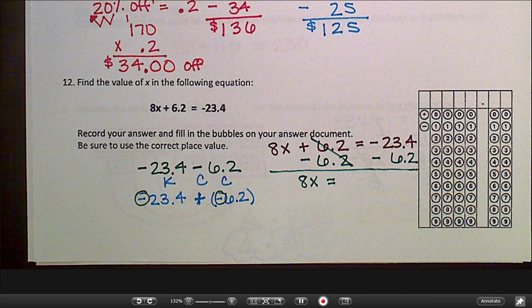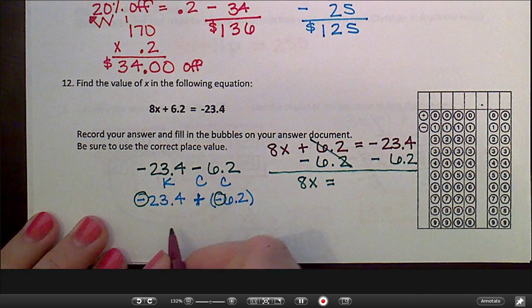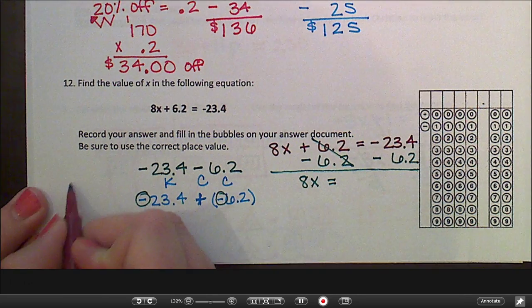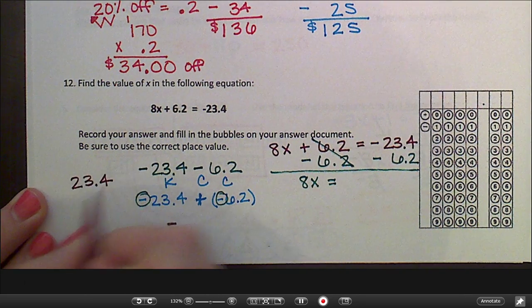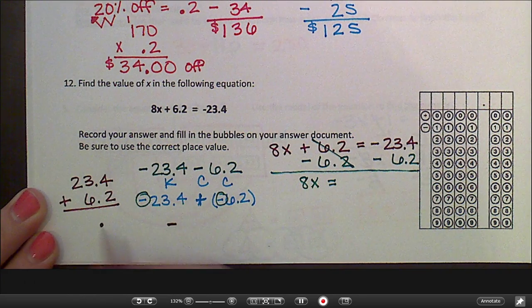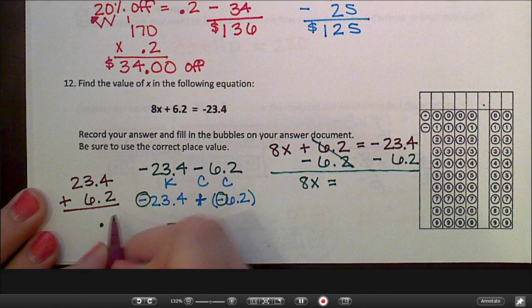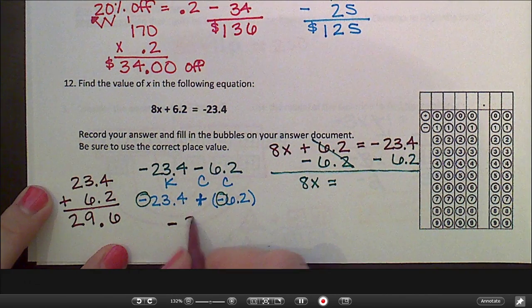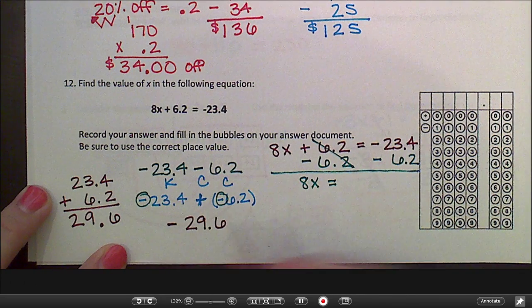So I'm going to add and keep the sign. So I know that my sign is going to be negative 23.4, 6.2. Bring that decimal down to your sum. And I get negative 29 and 6/10.